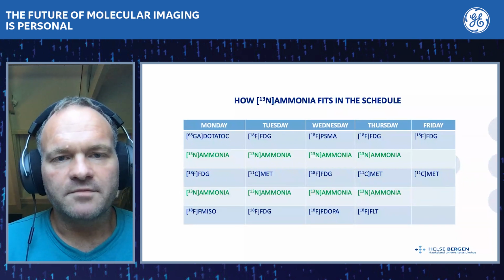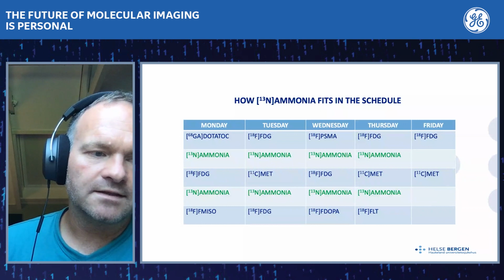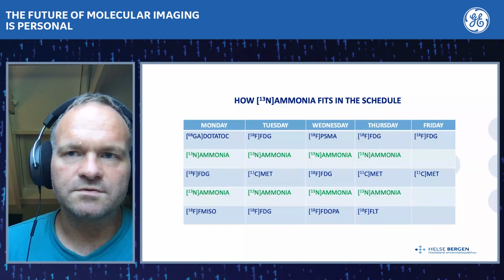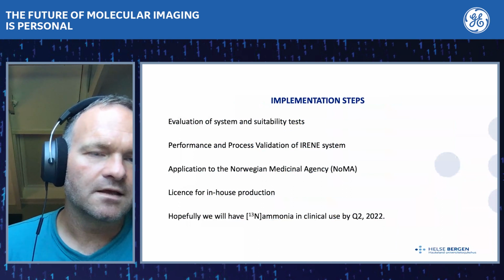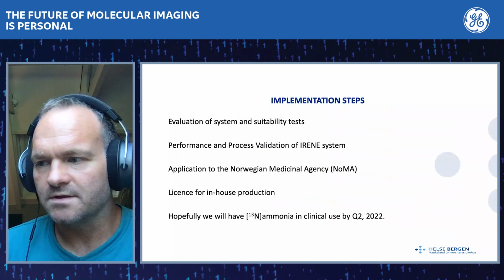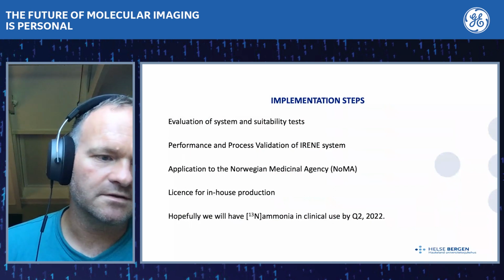So before we can actually take that into clinical use, we have to go through some implementation steps, and one of these is evaluation of the system and suitability tests when the system is in its final form.